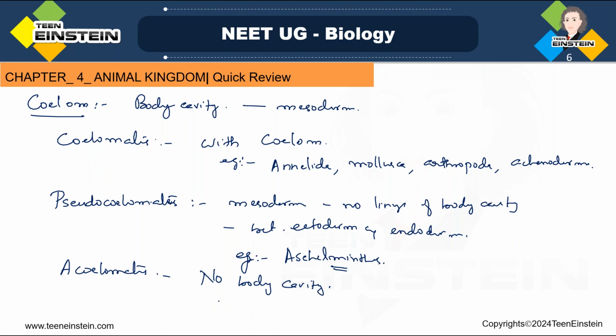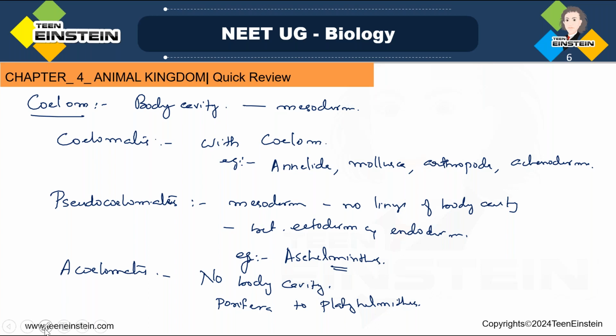In phylum Porifera to phylum Platyhelminthes, you can see acoelomate. In these you cannot see any body cavity. So based on body cavity, coelomate, acoelomate, and pseudocoelomate. Okay, it's classified into three types. With examples you need to learn.